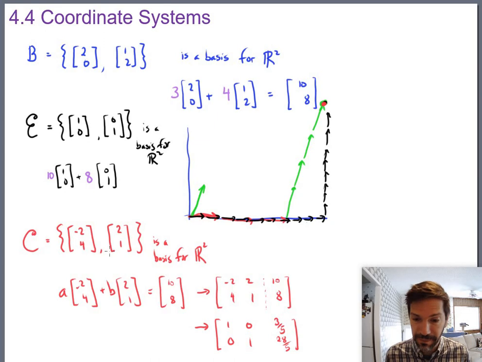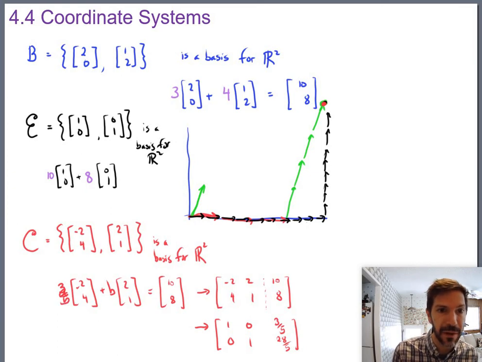So it should be 3/5. You know what? I should actually use my eraser. Look at that. I can erase things. Okay, so it should be 3/5 of the first one and 28/5 of the second one.